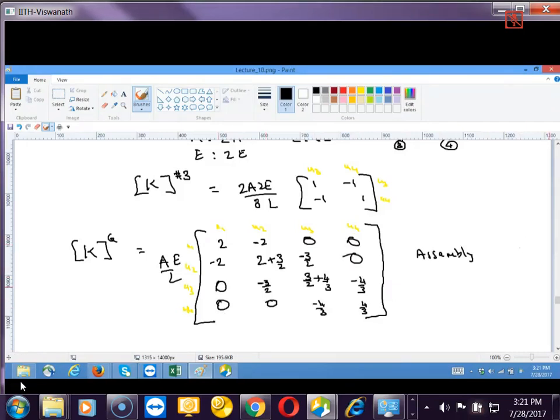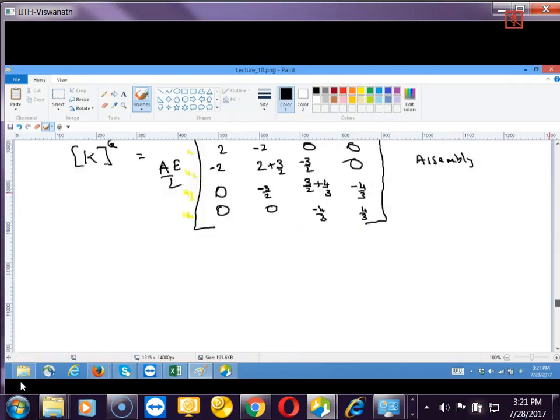So let me add this up and let's rewrite it. So this is equal to AE by 6L. So this is 0, and this would be minus 12.